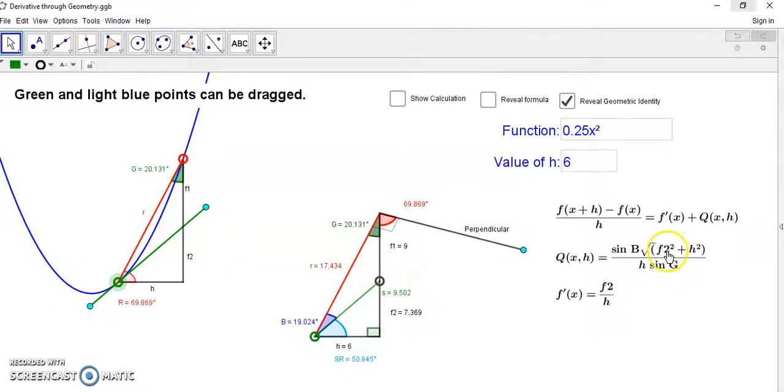And all you need here really again is just x and the name of the function. f2 is the length of this line here. Once you find that, you know h, so you know the slope at that particular point. So it's pretty simple, and you can see the derivation of that in one of the articles that I'll put in the link.